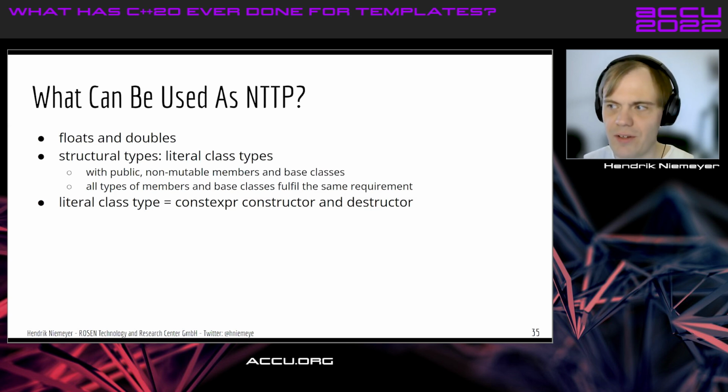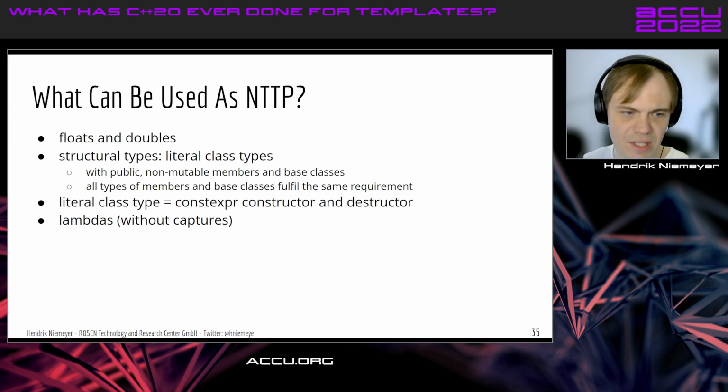So it can also have non-constexpr constructors, but if we don't use these and only use the constexpr constructors for building NTTPs, then this is still fine. And which is really cool, if we have lambdas without captures, we can also use these as non-type template parameters.